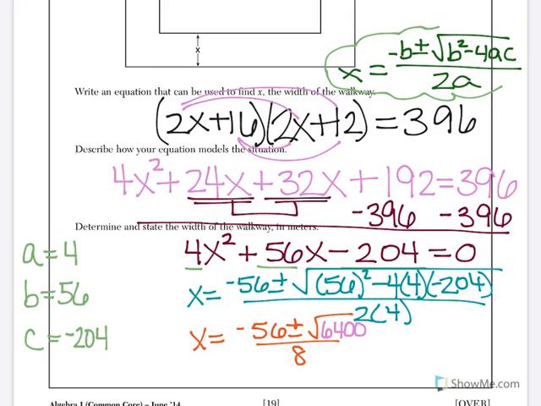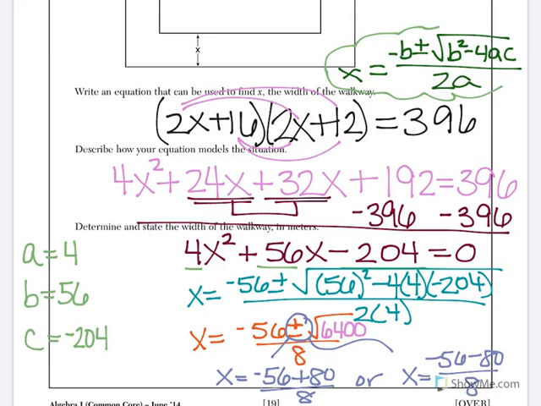So, in the next step, I'm going to have x equals negative 56 plus 80 all over 8, or the other option will be negative 56 minus 80 all over 8. The two options are because we have that plus or minus.